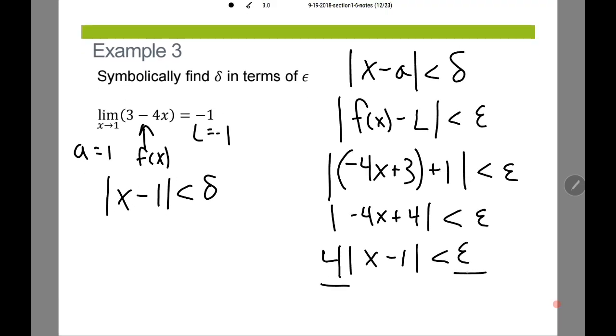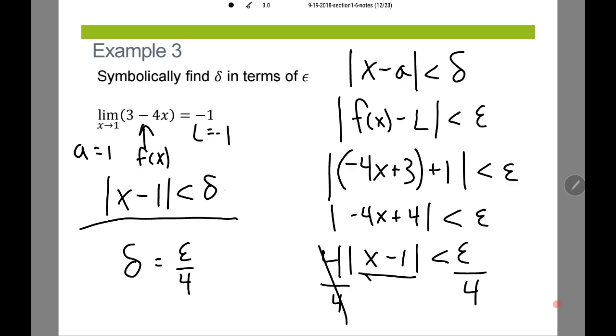And now you can see if I divide both sides by 4, I essentially have |x minus 1| left over. So that tells me my epsilon and my delta relationship: delta equals epsilon over 4 for this example.